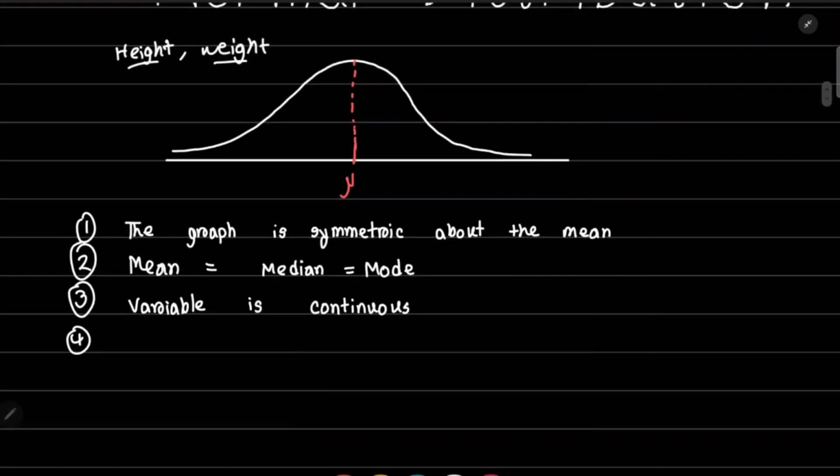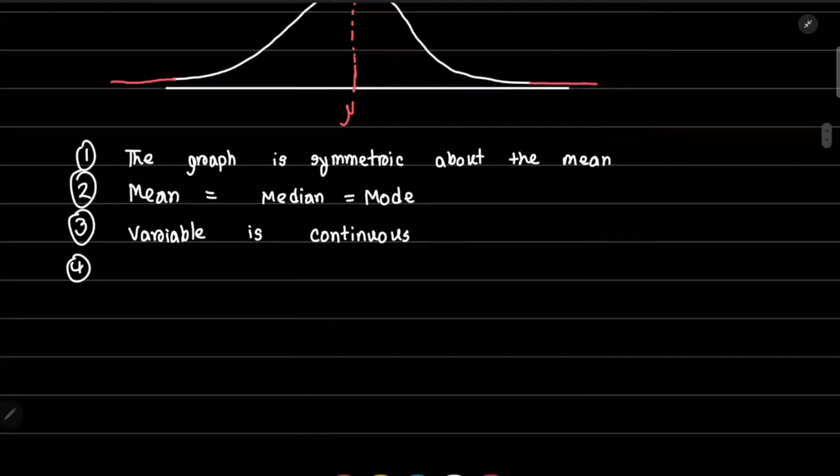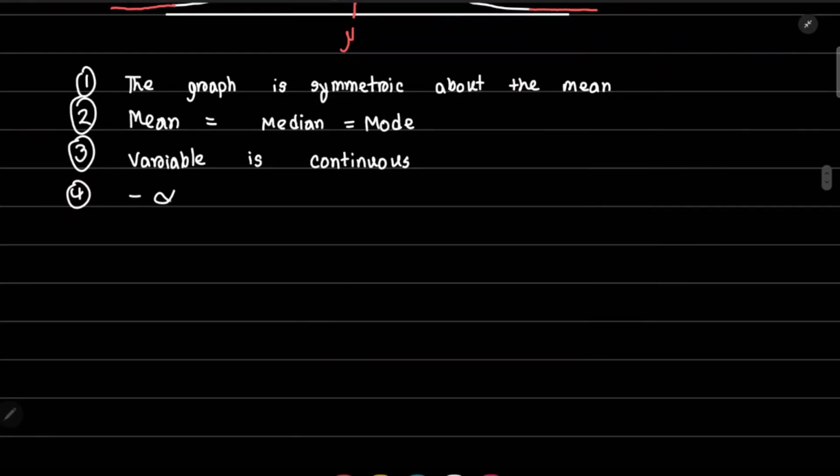The fourth point, if you have noticed, on the extreme ends the graph goes on and on asymptotically. The graph moves asymptotically in both ends, so the range is from minus infinity to plus infinity.